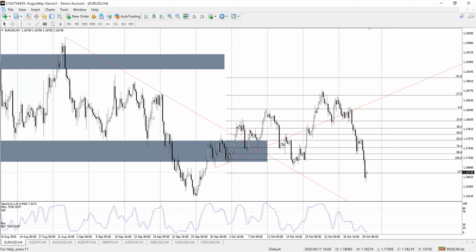Because we understand that there are three main sessions we really have to worry about: number one, the London session, the New York session, and the Asian and Sydney session. We understand that moves are more volatile within the New York and London sessions compared to the Asian and Sydney session. Why?